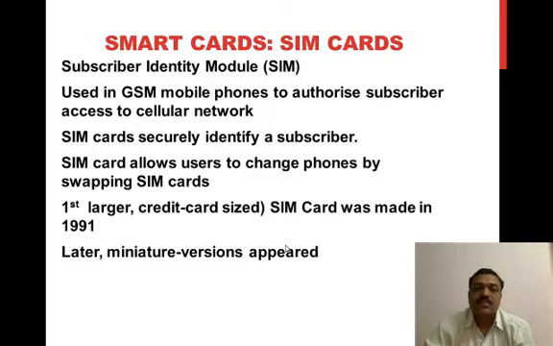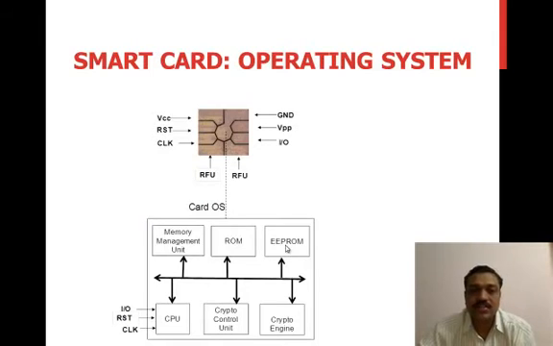So I can change my mobile phone while retaining the same subscriber identity. The first SIM card was made in 1991, and later miniature versions were designed. The first SIM card was almost credit card sized, and now it is much smaller in size.